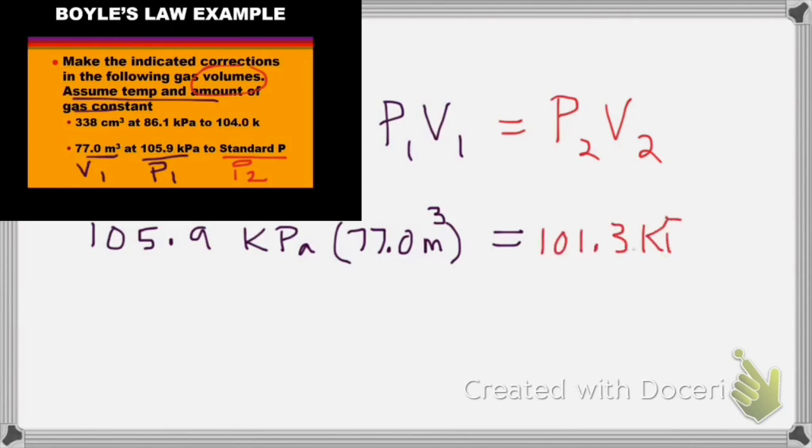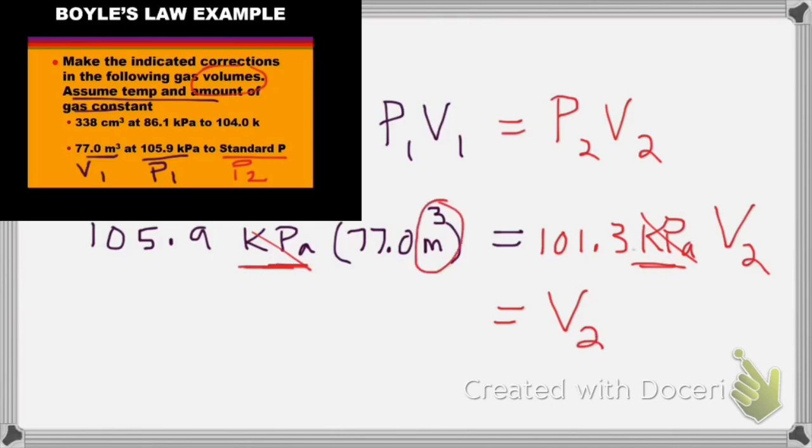I know 1 atmosphere is also standard pressure, but because this was in kPa over there, we want it in kPa over here. And we are solving for V2. Okay, so units on opposite sides are going to cancel. We know volume 2 will be in meters cubed because of this.